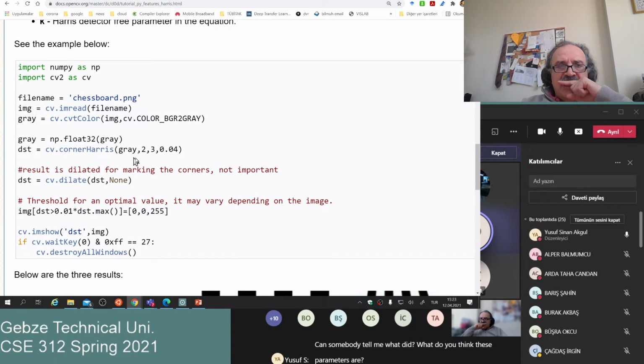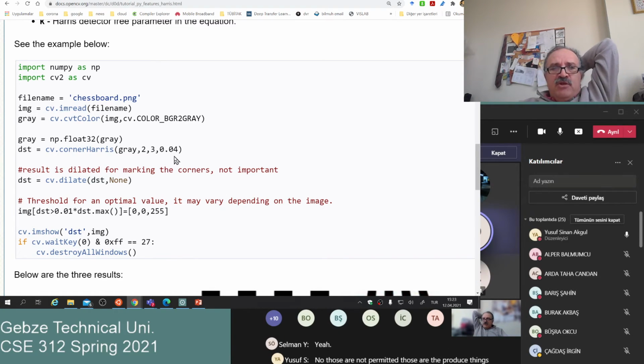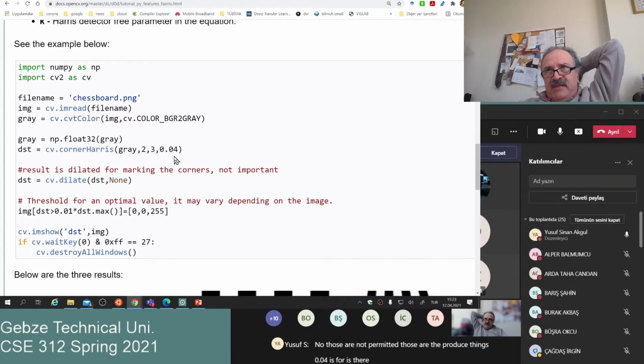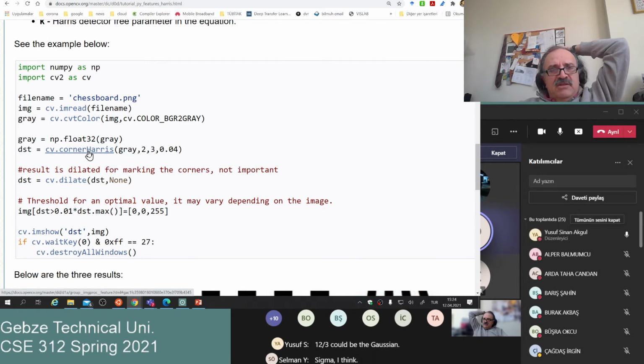The one you asked on the quiz? No, you mean the lambda 1, lambda 2? No, those are not parameters. Those are the produced things. 0.04 is the lambda. Remember lambda? Lambda is the one that you use in calculating the C. 2 and 3 could be the Gaussian sigma, I think. Gaussian values, but not two dimensions.